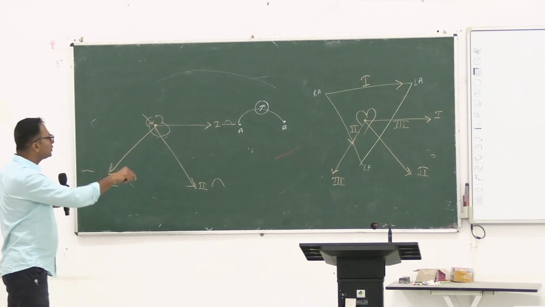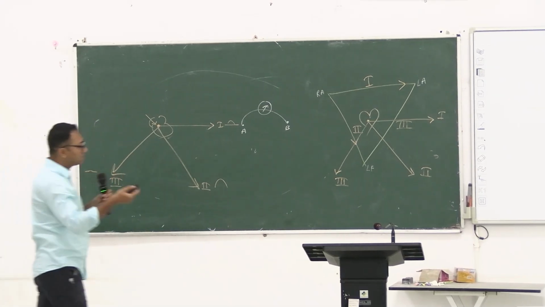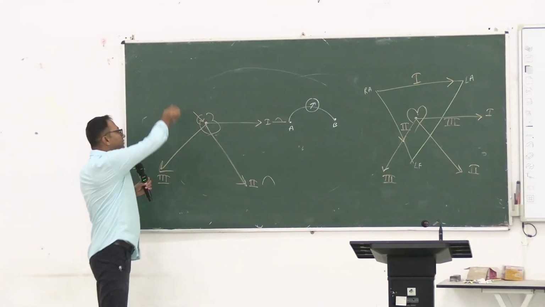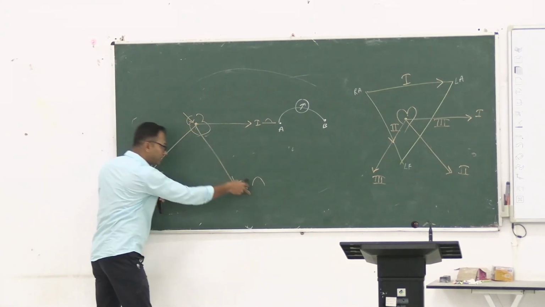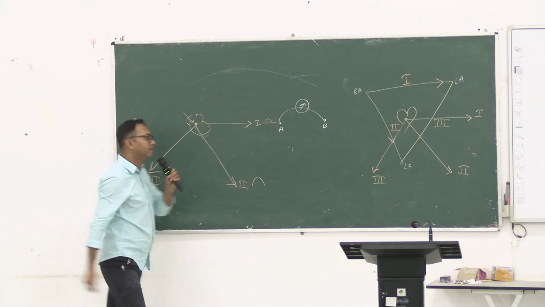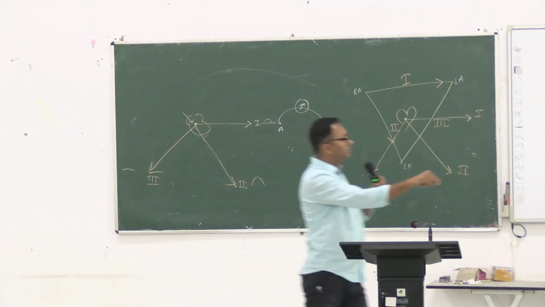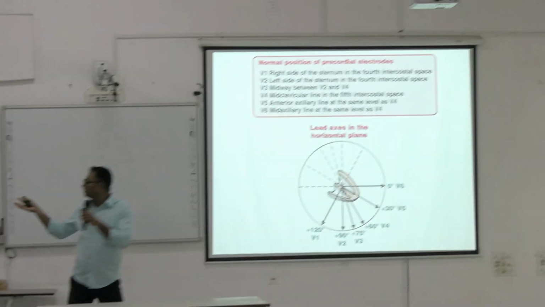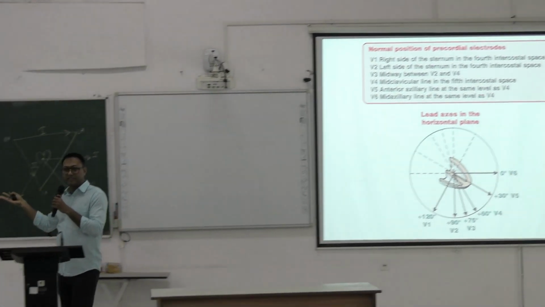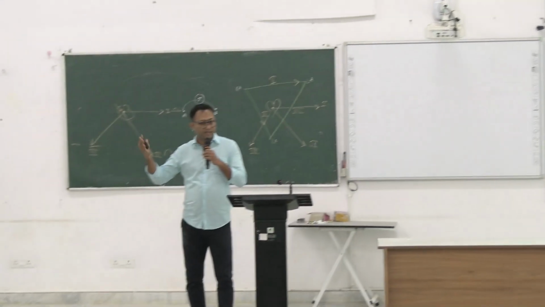So in the coronal section, as you have seen, the atrial depolarization vector is going towards lead 2, so lead 2 will be a positive deflection. Similarly, in the transverse section, the vector I have drawn is not 2-dimensional, it is actually 3-dimensional.